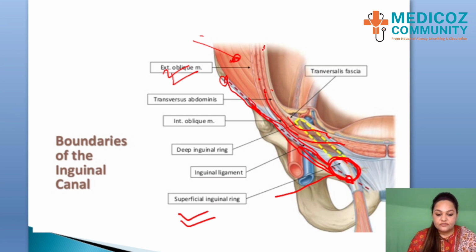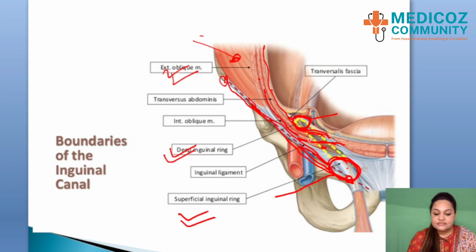Now we have this structure here which is the fascia transversalis, and clearly you can see within this fascia transversalis we have an opening here which is our deep inguinal ring. In between the superficial and deep inguinal ring is the inguinal canal, and the roof of this inguinal canal is formed by the transversus abdominis and internal oblique muscle.